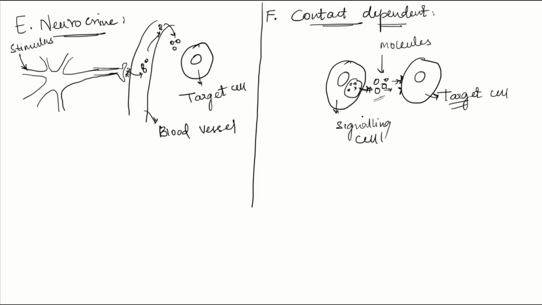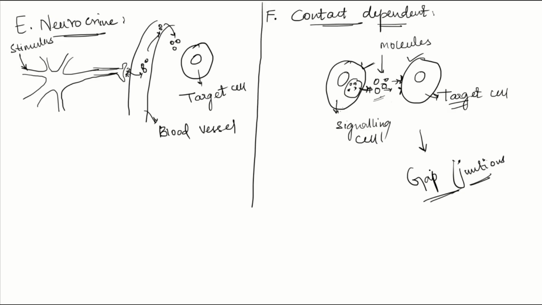When there is literally contact between these two cells, only then can contact dependent signaling be done. If you remember from the previous class, in the gap junctions, I told you one point, that gap junctions also help in cell signaling.